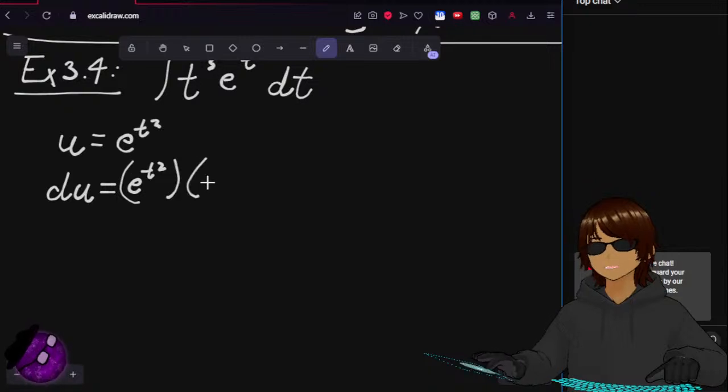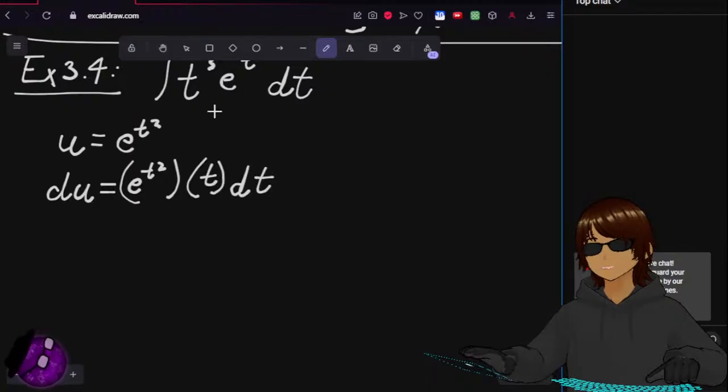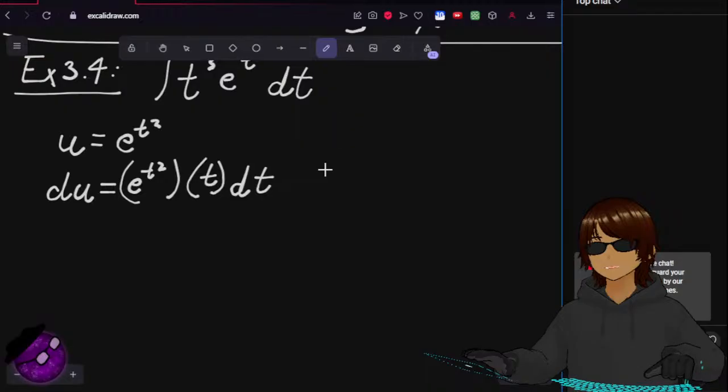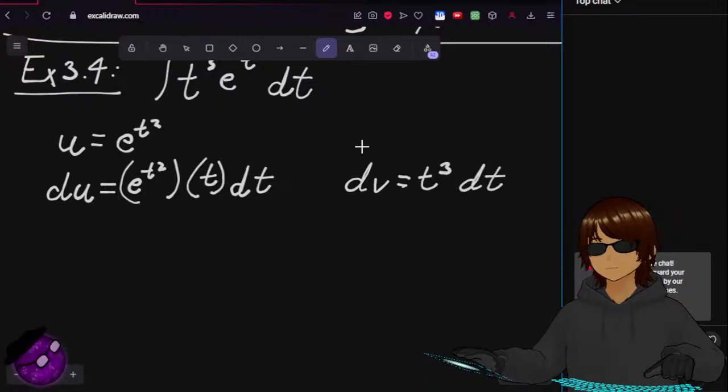And then derivative of t square is just t. Then I can put u here. Yeah, right.